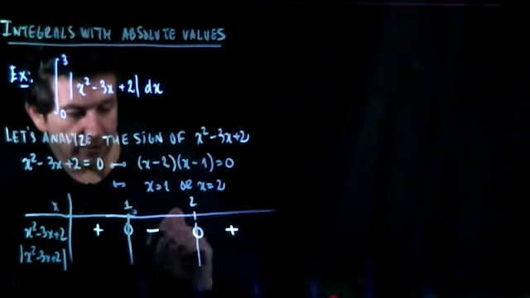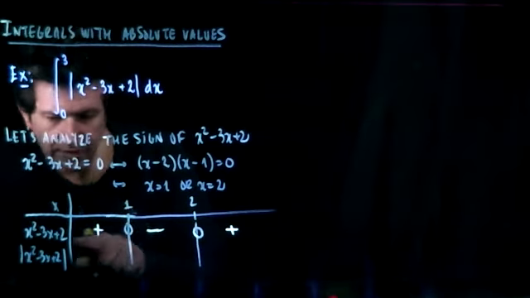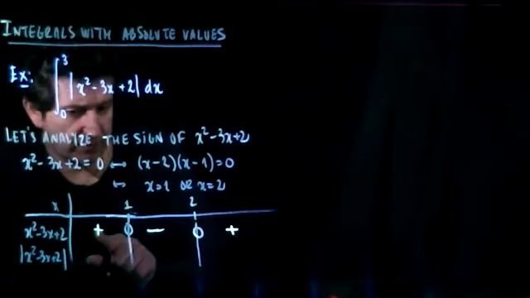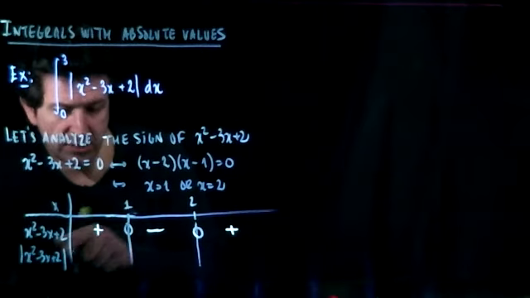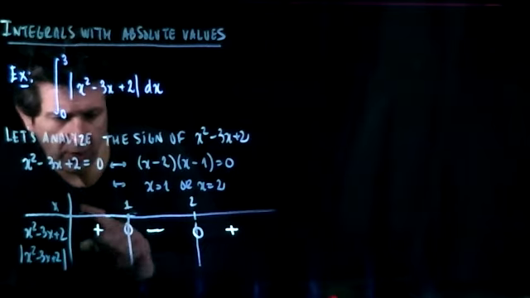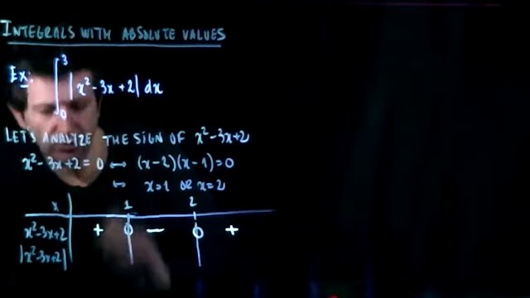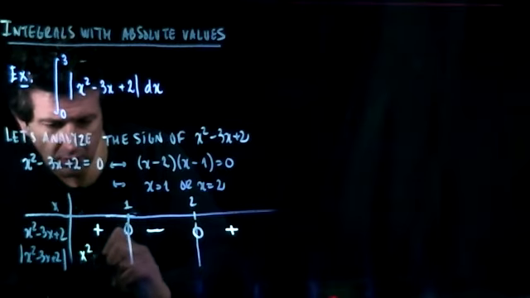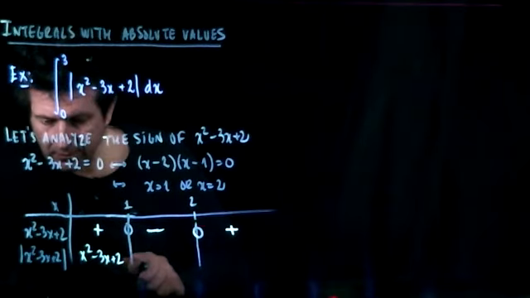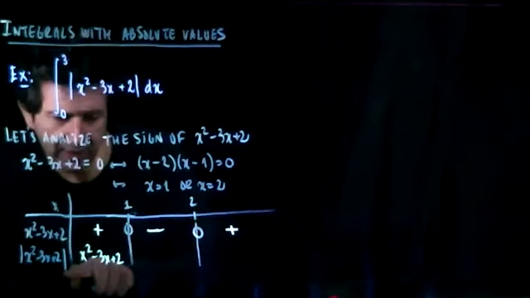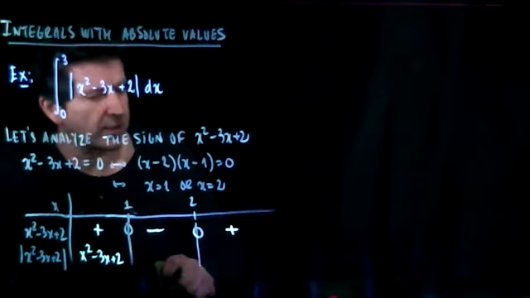So the absolute value, if x is less than 1, then what's inside is positive. So I could just take out the absolute value, since it's already positive. So for anything before 1, this absolute value function is just what's inside. Do you understand this? The absolute value turns this into a positive number, but it's already positive, so I could just rewrite it.